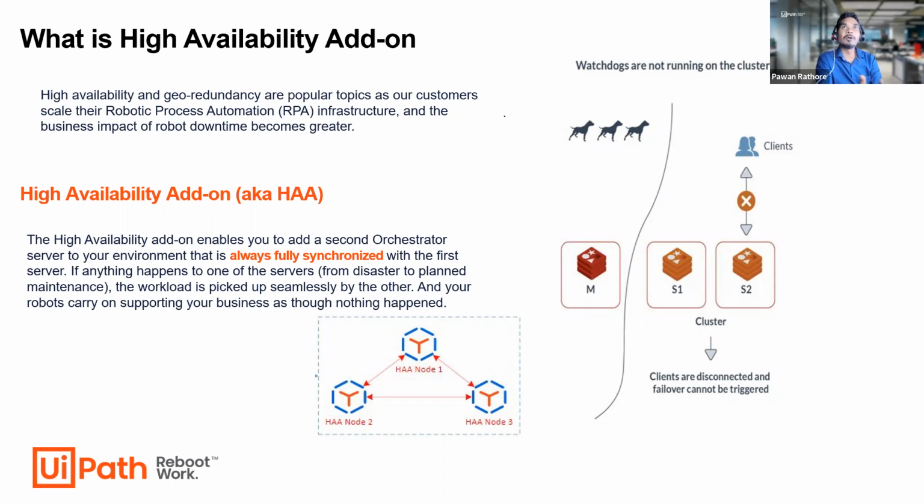In case the gossip protocol does not get any acknowledgement, the watchdogs will assume that particular node is down and not able to serve any upcoming request. So it will elect a new master if the master is down. If the master is not down, it will simply isolate that particular slave node from the existing cluster and continue serving the orchestrator needs, data synchronization needs, based on the 2 nodes.